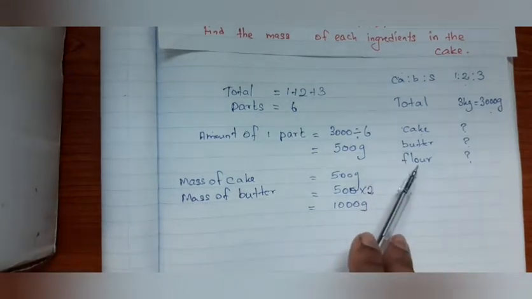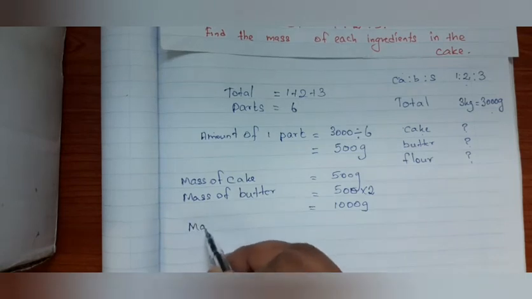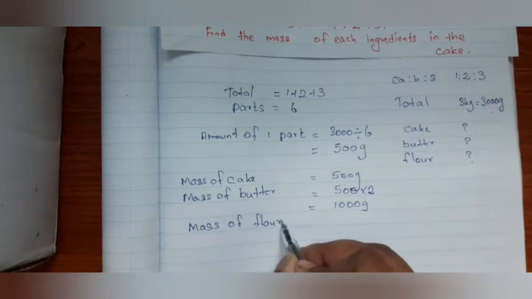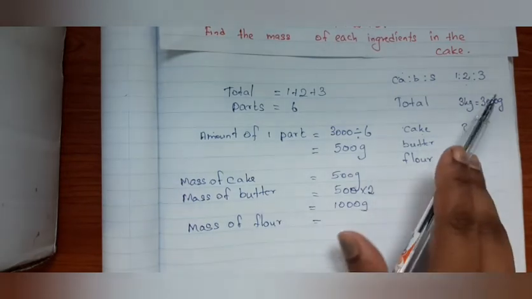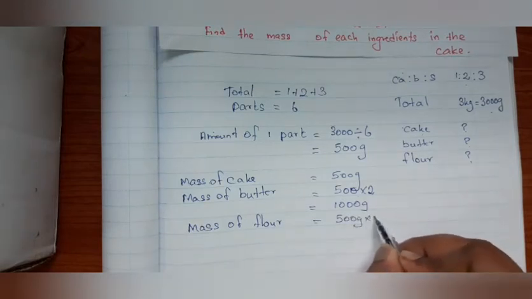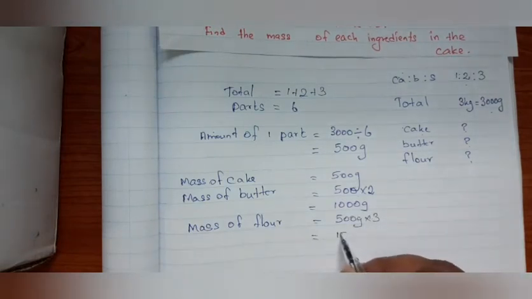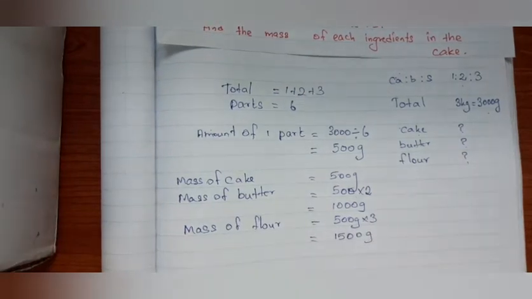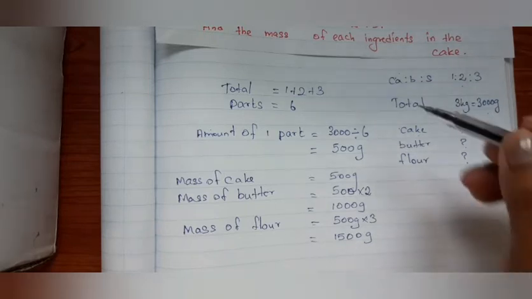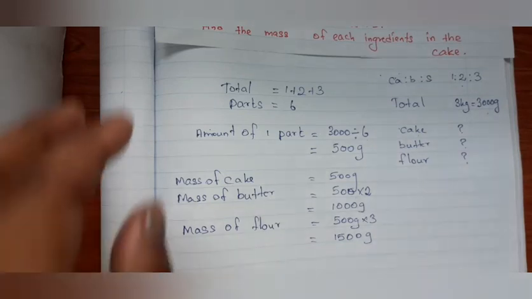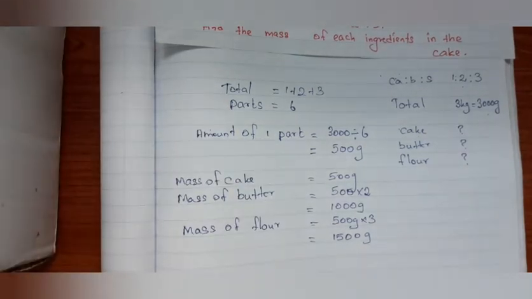And the last one is the mass of the flour. Here flour contains 3 parts, so 500 grams into 3, which is 1500 grams. So this is how you find it. Make a quick note like this in order to do the sum easily. Now let's move on to another example.